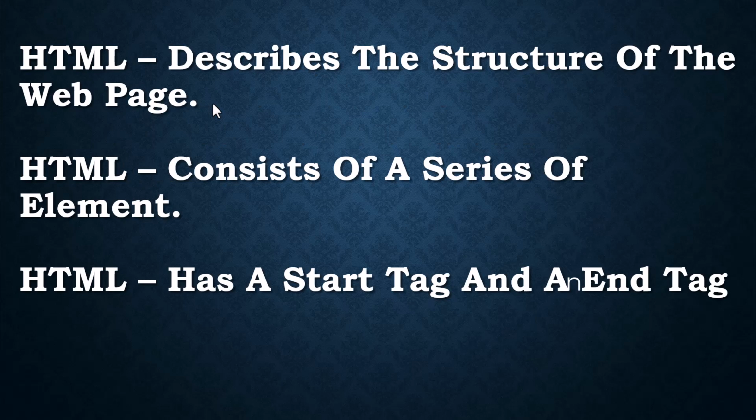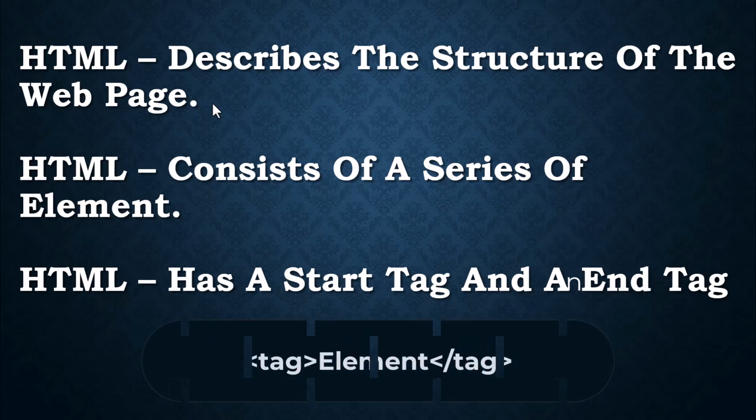HTML describes the structure of the web page. It consists of a series of elements or tags, and HTML has a start tag and an end tag. Most of these tags are denoted with the left and the right angle brackets together.